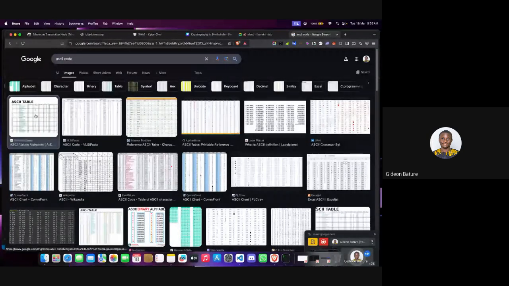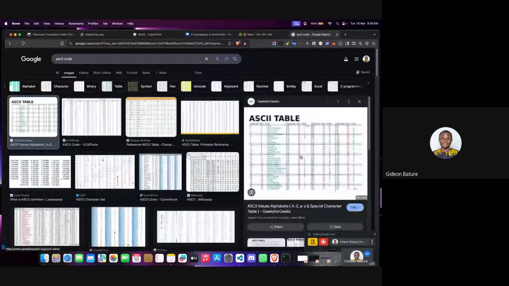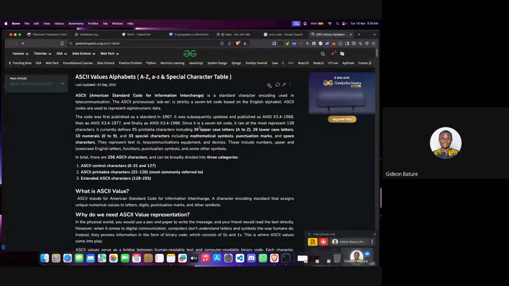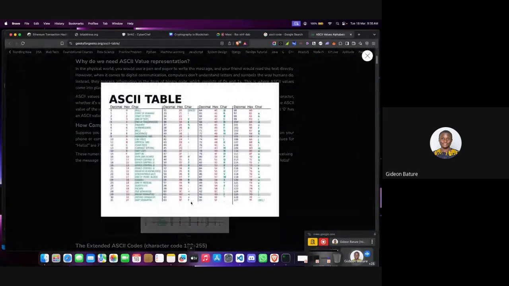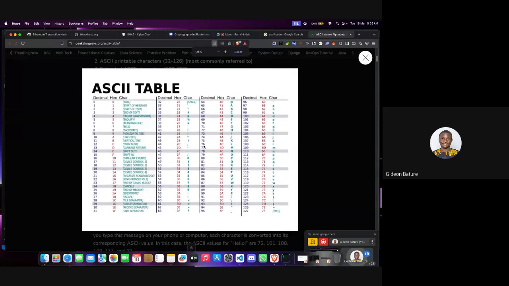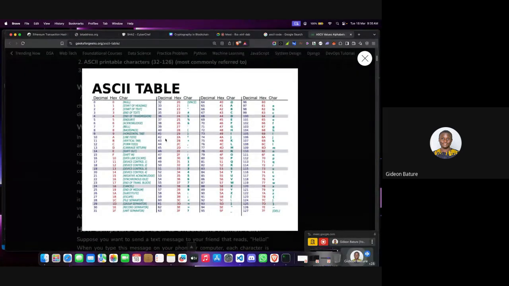This is too small. I hope you guys are seeing this. Now, in ASCII code, capital letter A reads 65 in decimal, whereas small letter A reads 97.